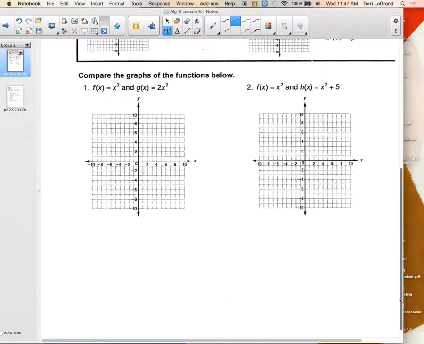Now we're going to go put in y sub 2, our g of x. So we put in the parent function, and now we're going to put in 2x squared. You're going to do the same thing, but you're going to start with the 2 in front. So 2, and then the x key, and then the squared key, and you'll have your new function.